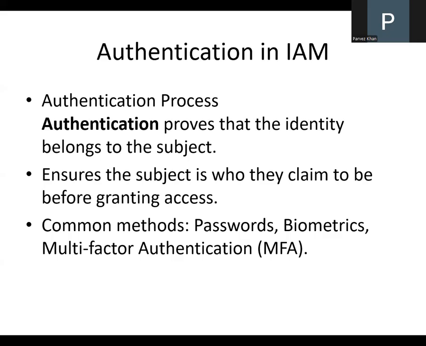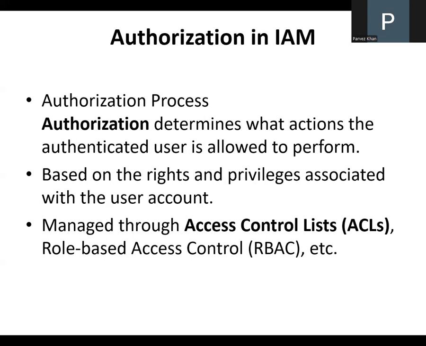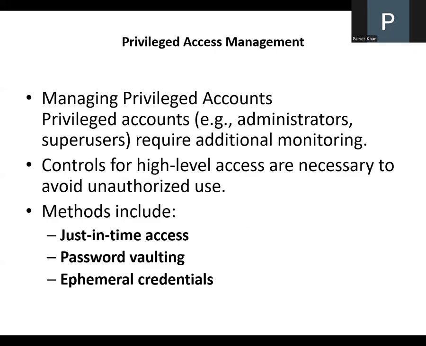Then authentication, again, is a process to identify a subject, where the subject is claiming that I am the appropriate person to have access. The common methods are password, biometrics, and multi-factor authentication. Authorization, again, is role-based access control.